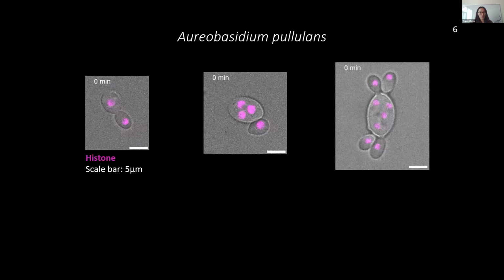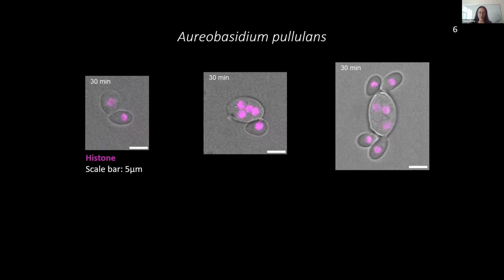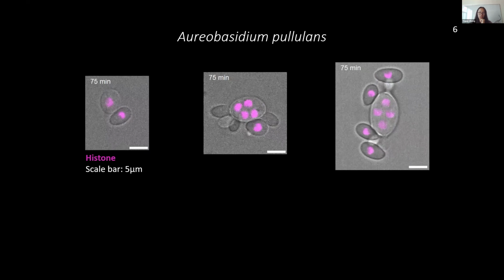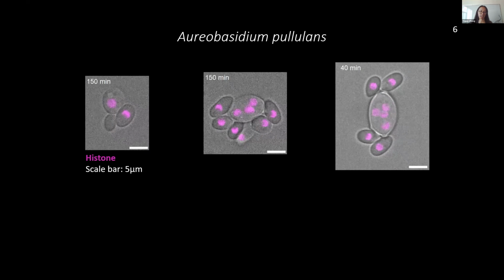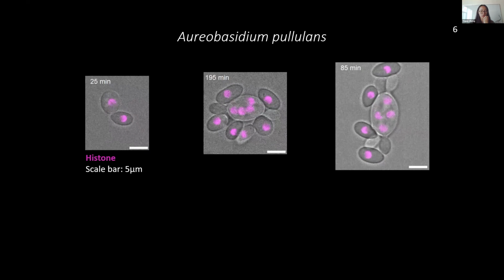So Aureobasidium pullulans actually has several ways of proliferation, but one way is through budding. Here I'm showing you examples of cells with either a single nucleus or multiple nuclei. The histone protein is tagged by an mCherry tag, and it's pseudo-colored to magenta.